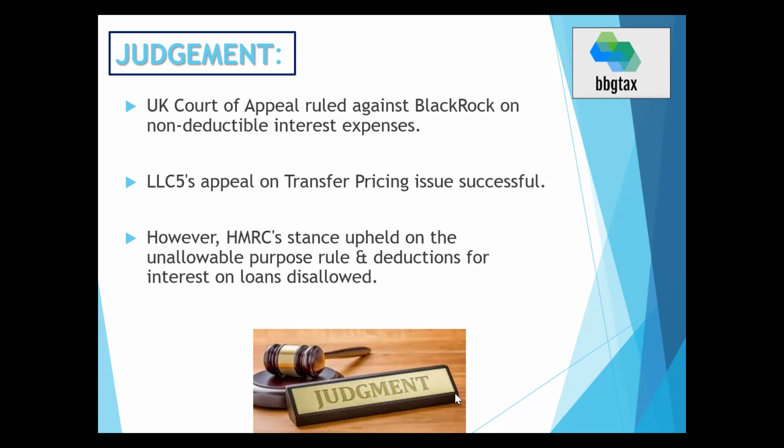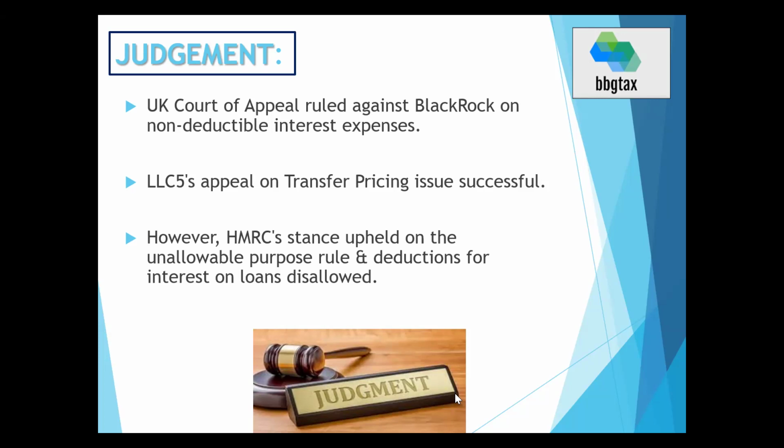However, on the second ground, the court agreed with HMRC that the loan was structured primarily so that the principal purpose of this loan transaction was for tax advantages, as the UK entity involved had no significant commercial function apart from facilitating this tax benefit.